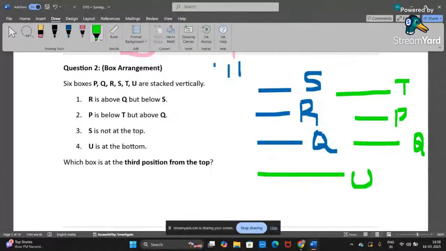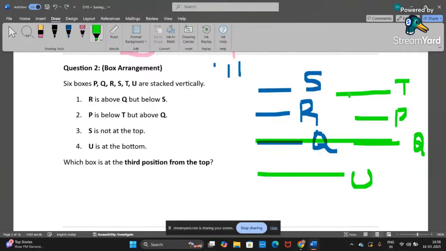So what is the answer? We all know that Q is here. So Q is placed here and P will be here.